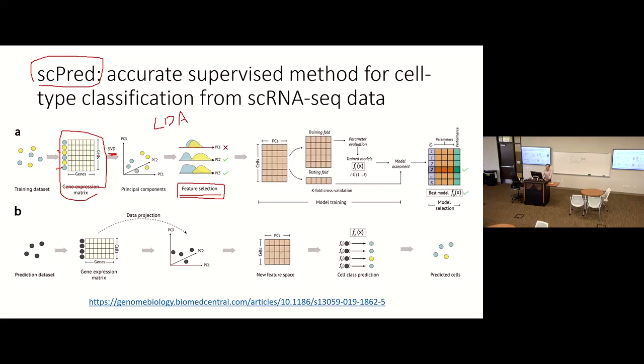Then there is k-fold cross-validation. You should start to understand what they are doing here: separating the training data into training and testing, and finding the best model, which is defined in this training model here, with parameters and performance.